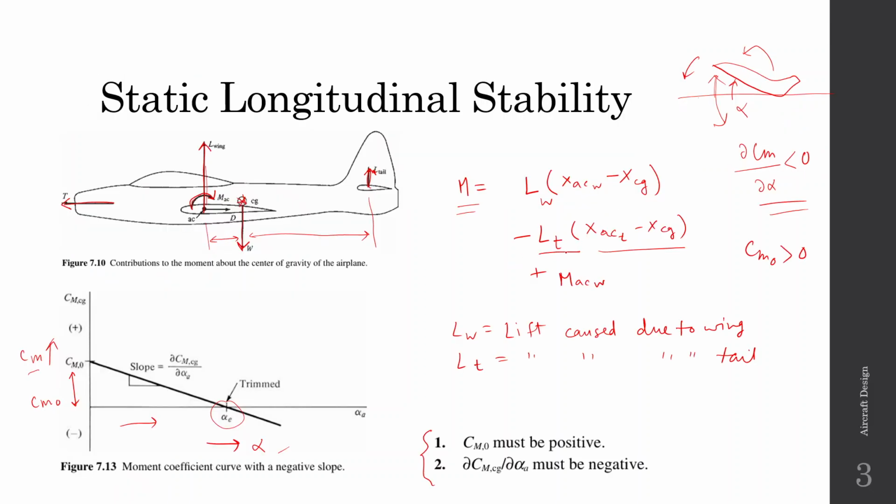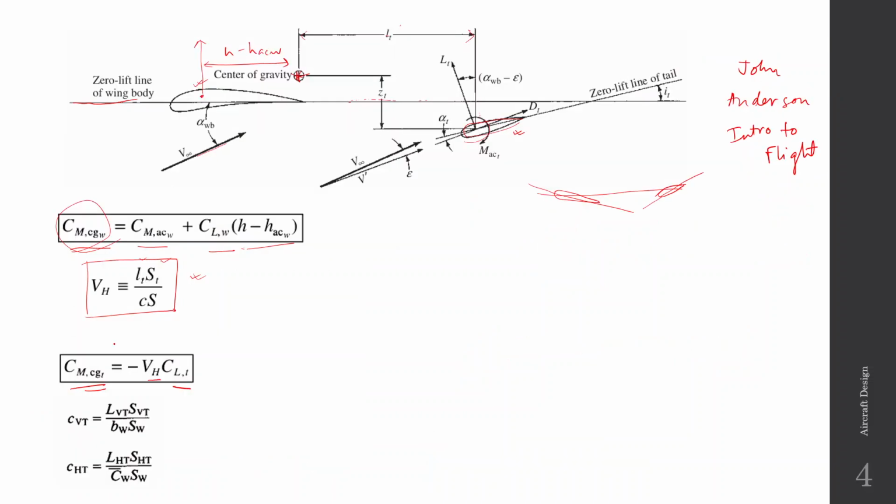As I discussed in the previous slide, the contribution of the tail is minus the lift of the tail and the distance between the tail and the CG. So that is here, and then the lift contribution of the tail requires the St and CLT. So these ratios come up in the picture. This is the vertical tail volume ratio, and this is the horizontal tail volume ratio.